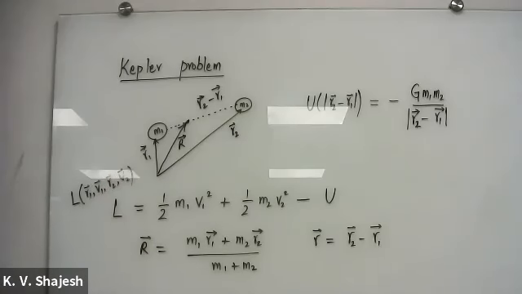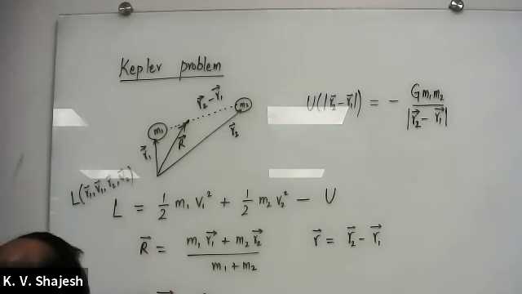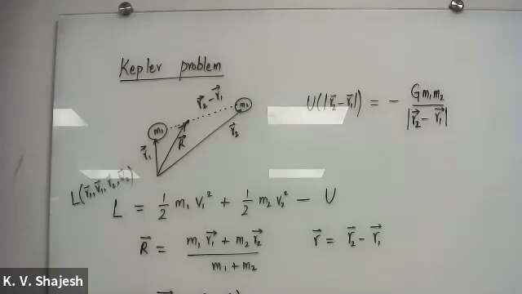So in terms of the new coordinates, it's expected to depend on the position of the center of mass, the velocity of the center of mass, the relative position between the two masses, and the velocity associated with the relative position, which will be the relative velocity.